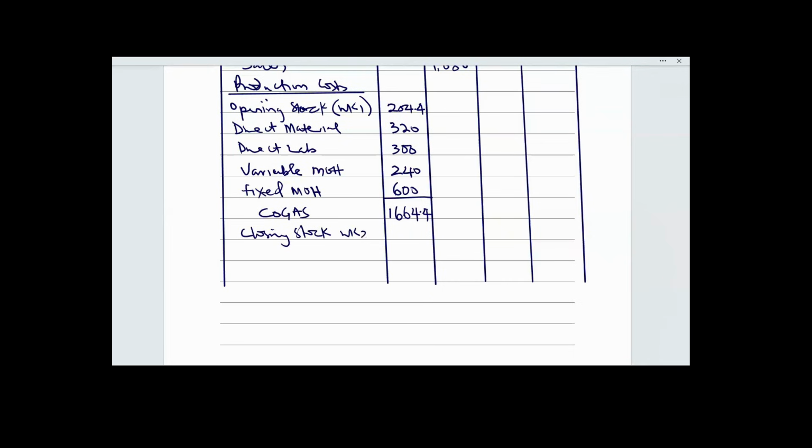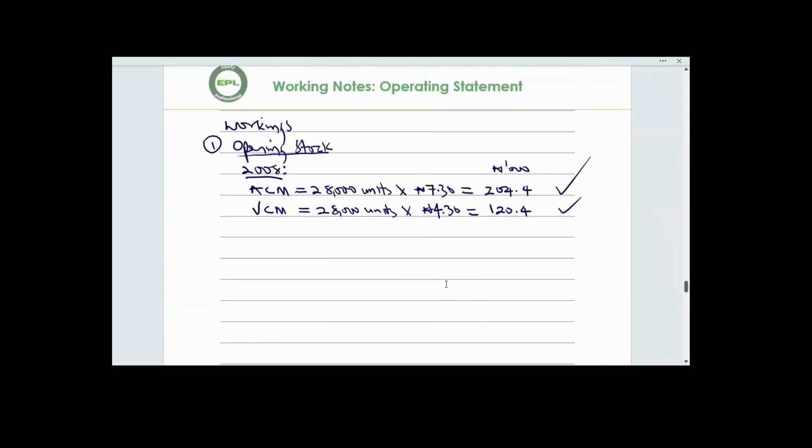Working number 2. Let's do the workings for our closing stock, for 2008 and then 2009.